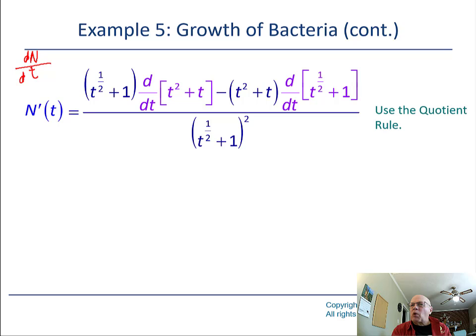Since I'm using the quotient rule, remember this is in the denominator, this is the derivative of the numerator, minus because we're using the quotient rule. There's the numerator, there's the derivative of the denominator coming up, and we squared the denominator. So we're ready to go.